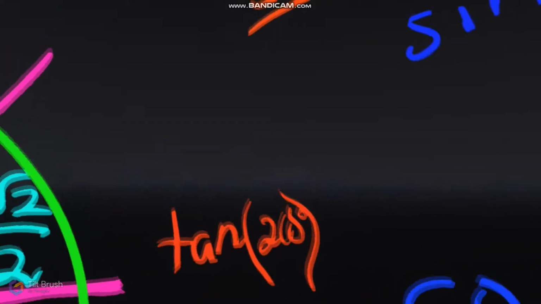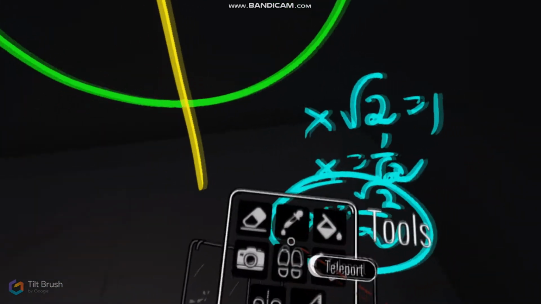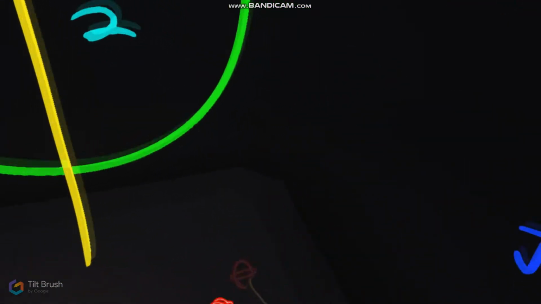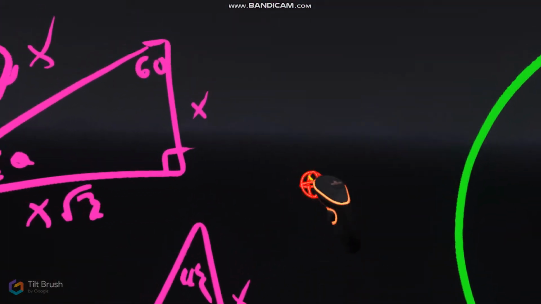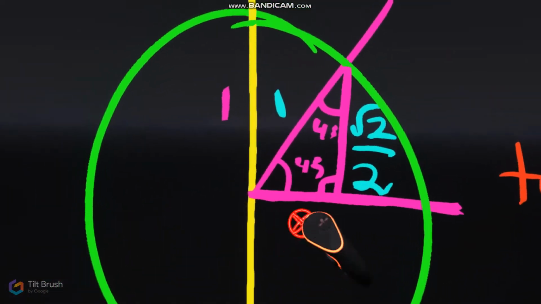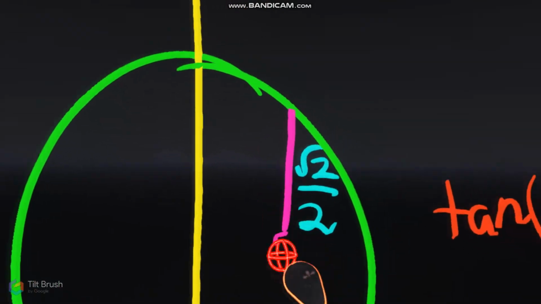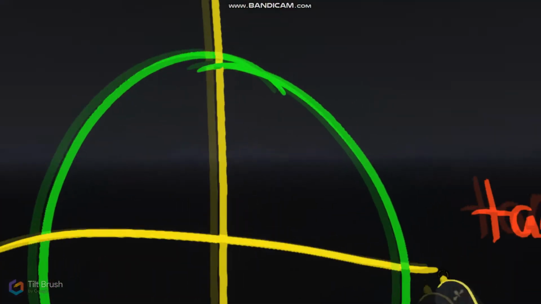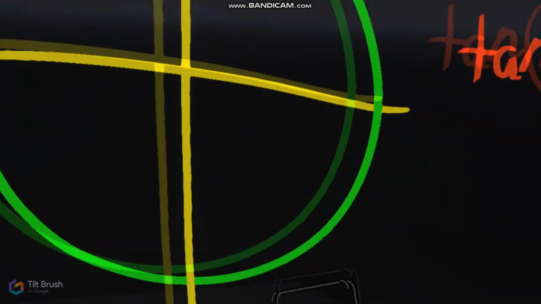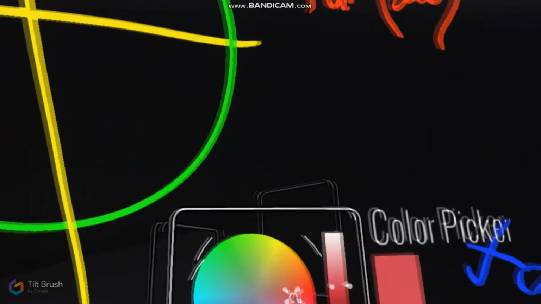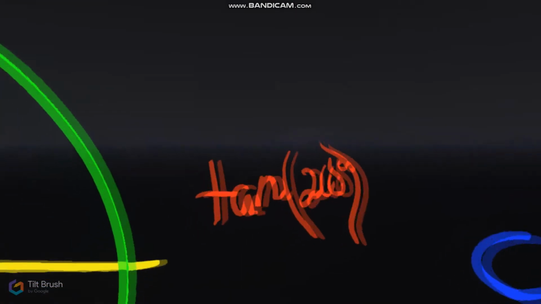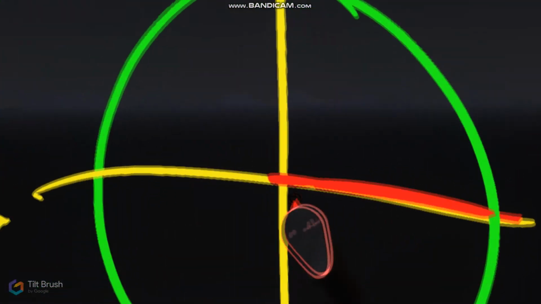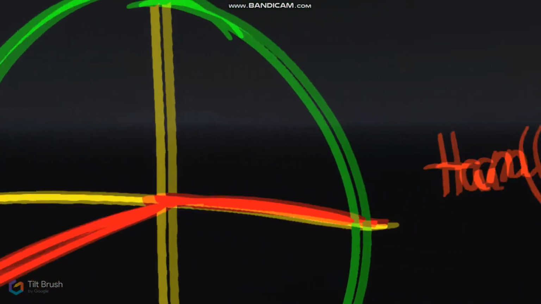That's important. This is the x-axis. So the tangent of 210, the angle would be here.